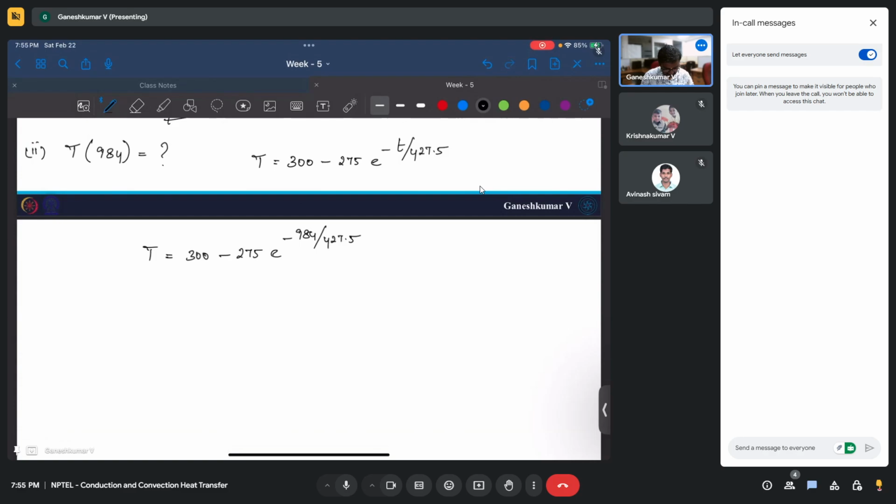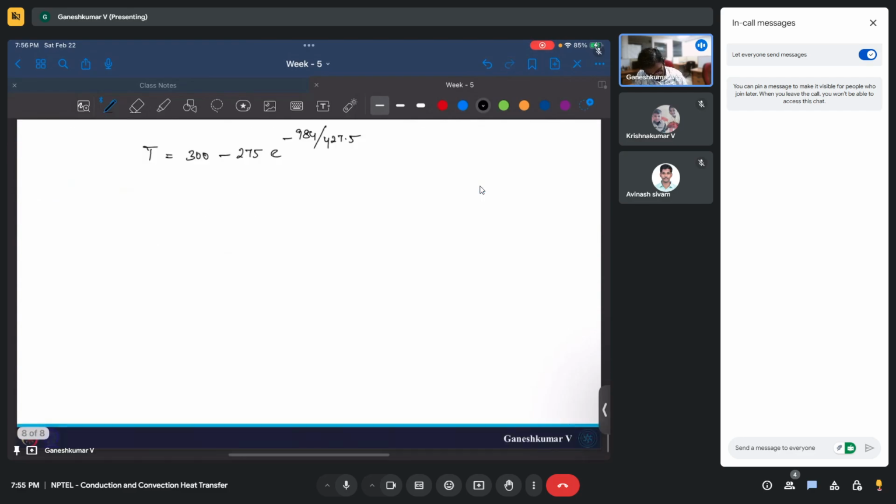Okay, let's see. 984 divided by 427.5, and exponential of minus 2.3 times 275, 300 minus this thing. This corresponds to 272.477, which is almost equal to 272.5 degrees Celsius. So this is indeed true, right?